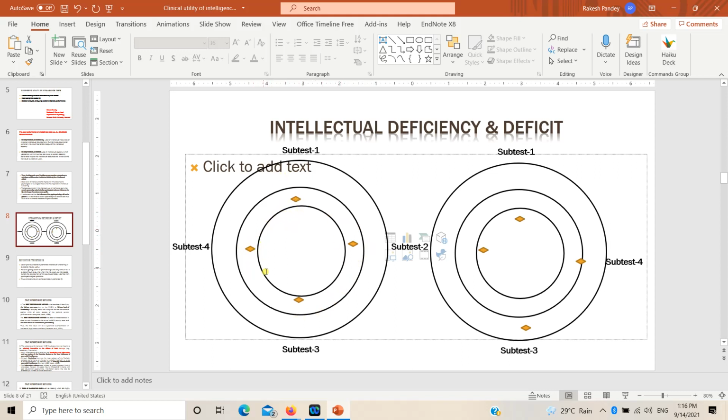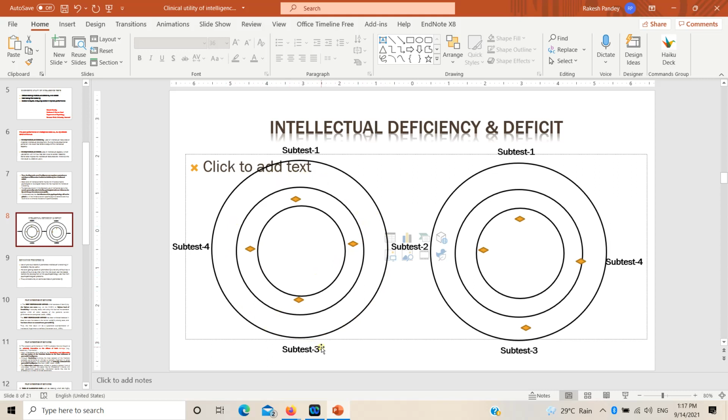It is near the below average line. On the right hand side, you can see the individual who is showing poor performance on subtest 1 and subtest 2, but is average and above average on subtests 4 and 3. So here on the left we can see a global decline.